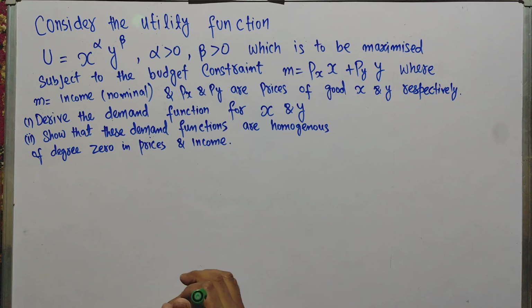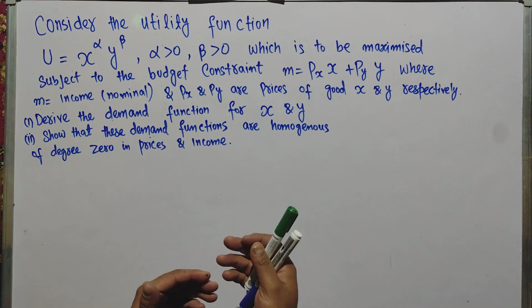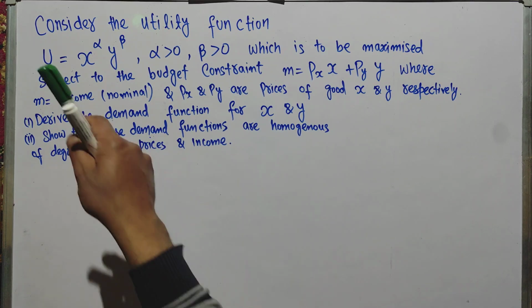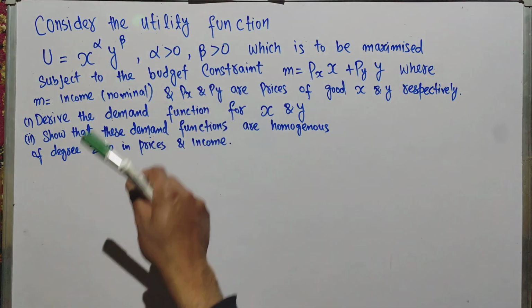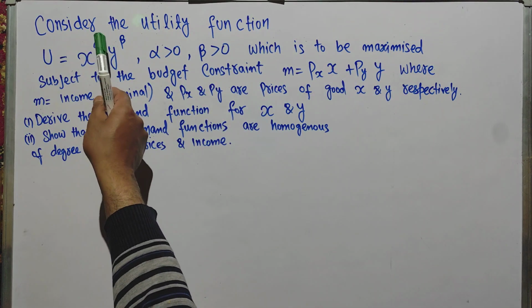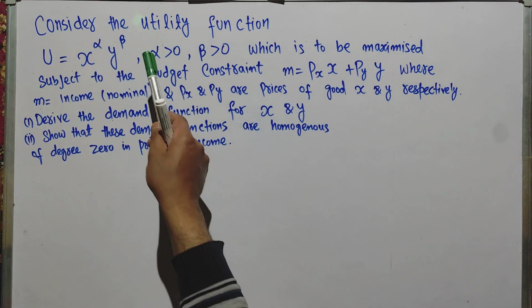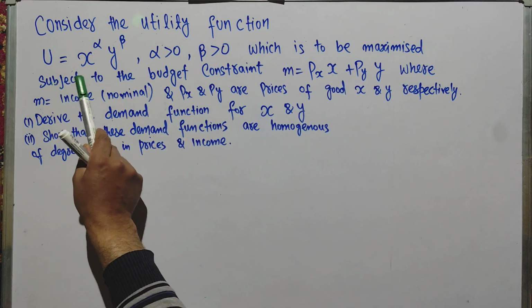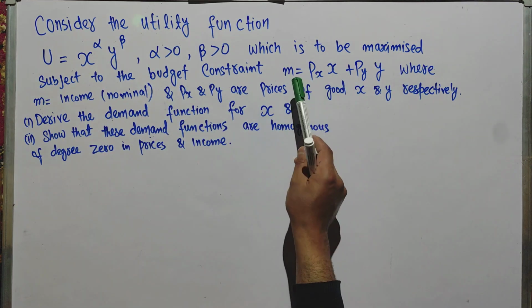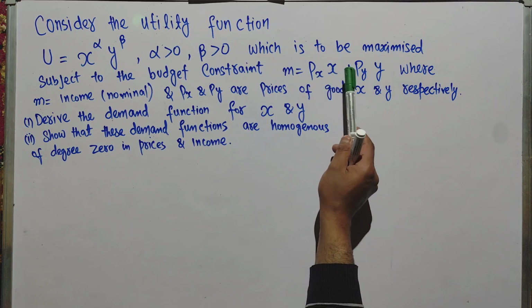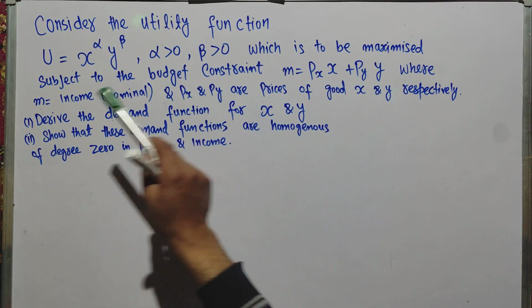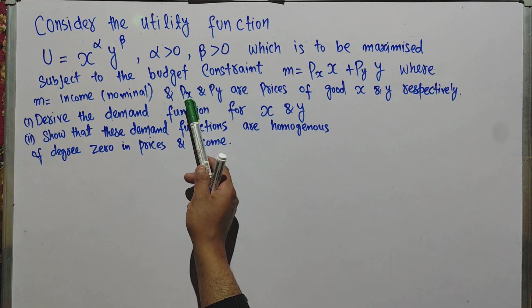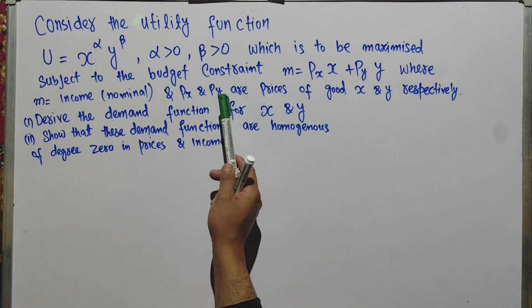In this video, we will solve a problem on utility maximization and how to prove that the demand functions are homogeneous of degree 0 in prices and income. The question is, consider the utility function u is equal to x to the power alpha times y to the power beta, where alpha is greater than 0 and beta is greater than 0, which is to be maximized subject to the budget constraint, that is m is equal to px times x plus py times y, where m denotes the nominal income of the consumer and price of x is denoted by px and price of good y is denoted by py.